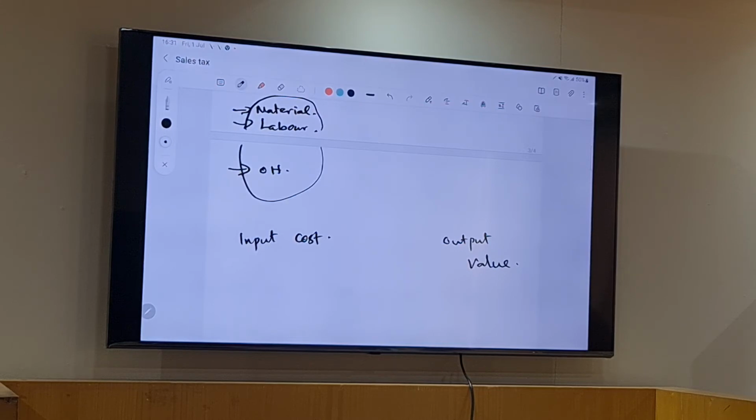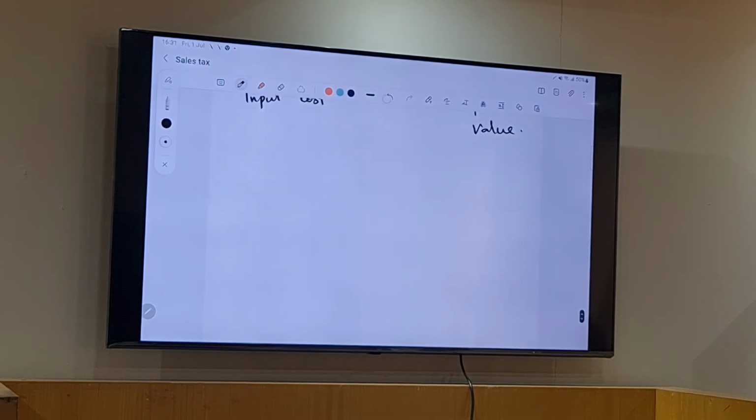Now, a mechanism introduced by the tax department to find out something called value addition.